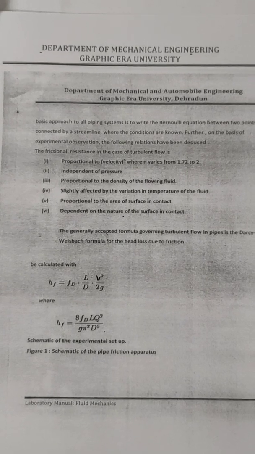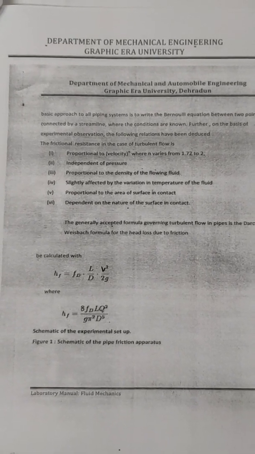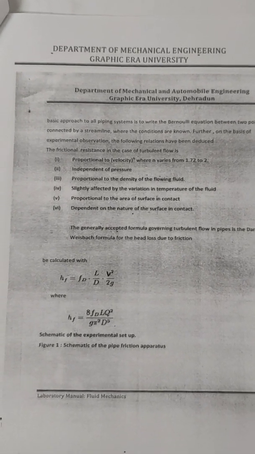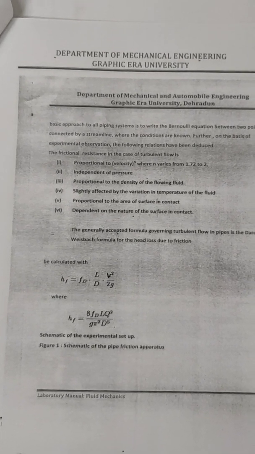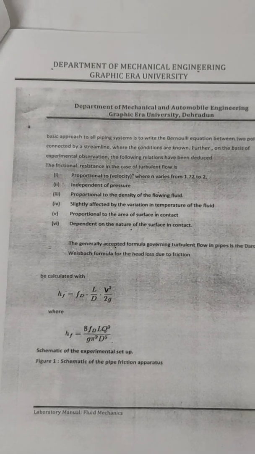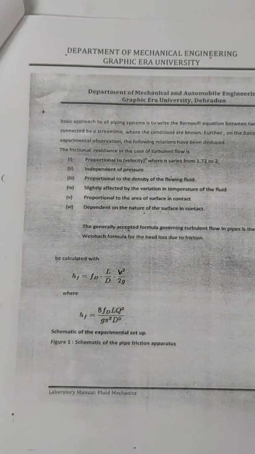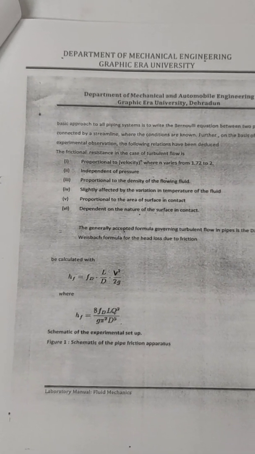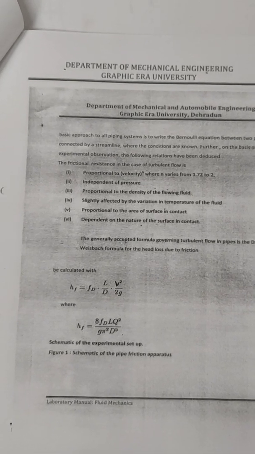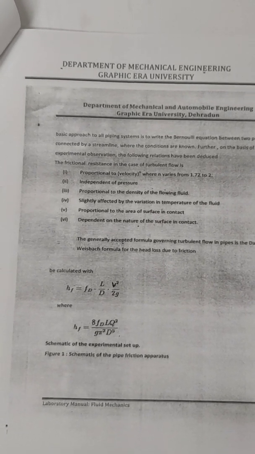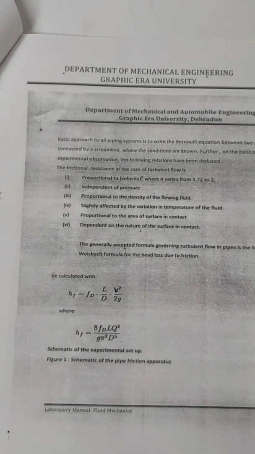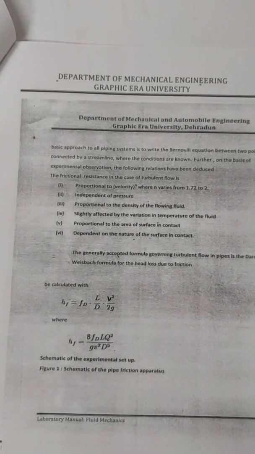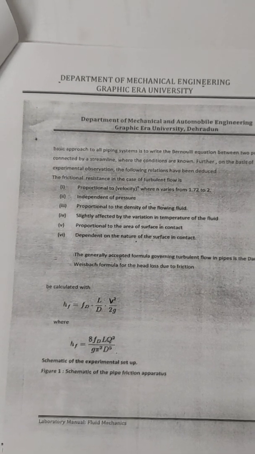Q is measured as we did in the orifice meter. We start the flow, note the initial height, and after a flow of 30 to 40 seconds we measure the total discharge in the collecting tank. The height difference multiplied by the cross-sectional area gives the total volume, and dividing by the total time gives the actual discharge.